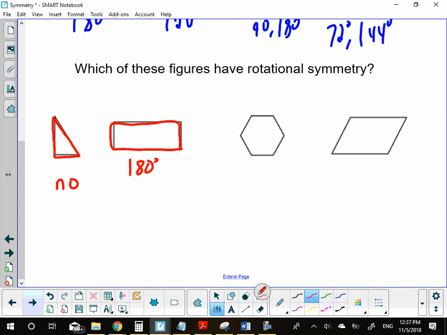Probably not. Okay, here we have a regular hexagon. Is that a rotational symmetry? Yeah.